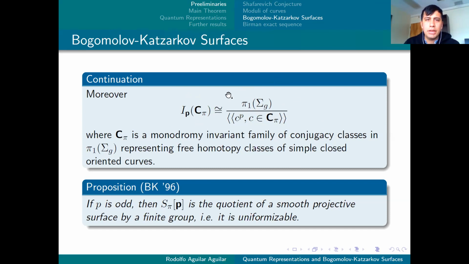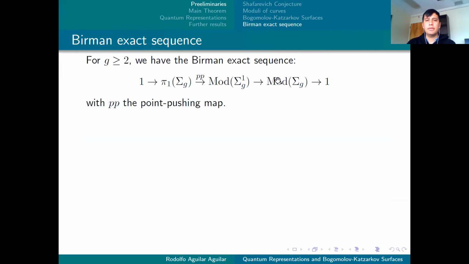And this is precisely what quantum representations do. They give us representations with infinite image of this kind of groups, and then using the main theorem that I stated before, of Eyssidieux-Katzarkov-Ramachandran, they can prove the holomorphic convexity of this kind of surfaces.